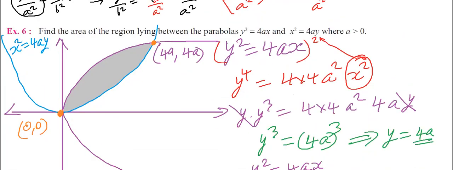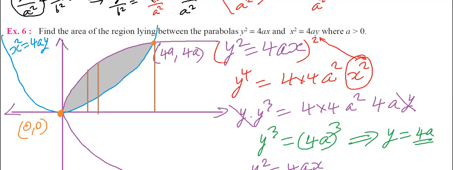So now you know that you have to find this particular area. So to find this particular area, first we are going to consider this particular curve, that is y square is equal to 4ax, and then you are going to consider this particular curve, that is x square is equal to 4ay. So let me first consider y square is equal to 4ax as the curve. So this elementary strip I am going to take.